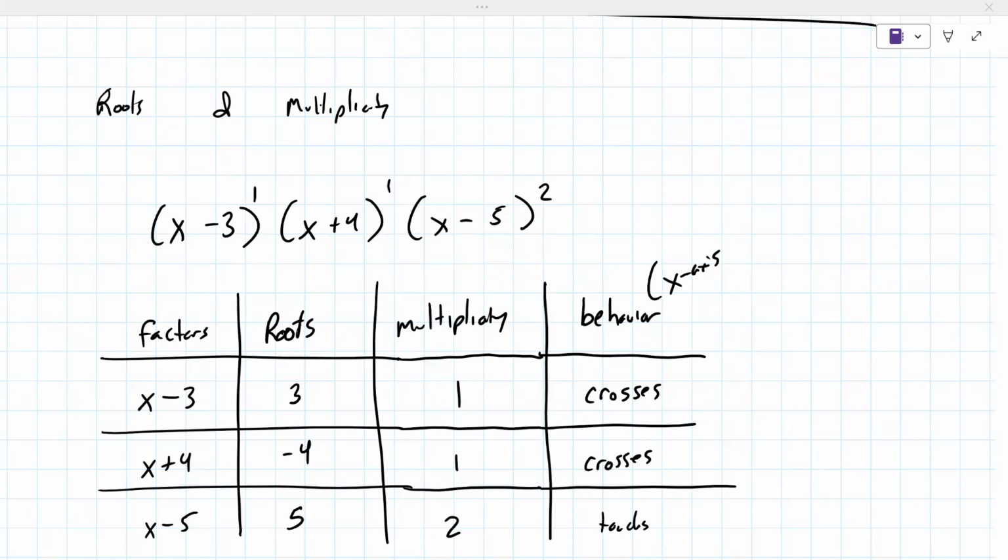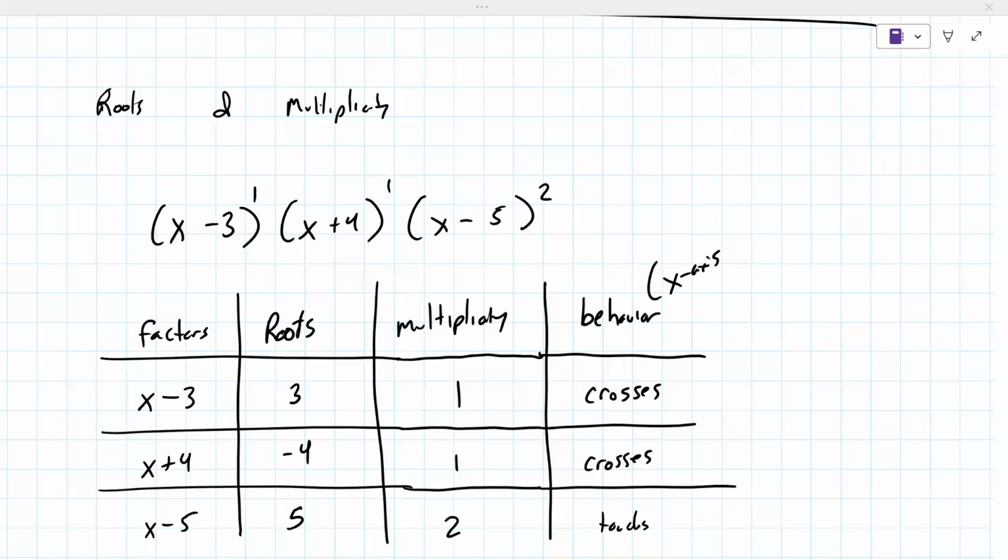So we've got x minus 3, x plus 4, x minus 5 squared. All right, so I've got to zoom out. So here we go.